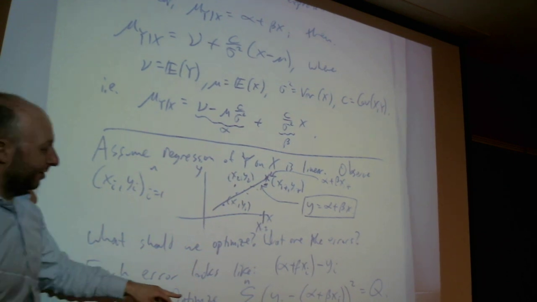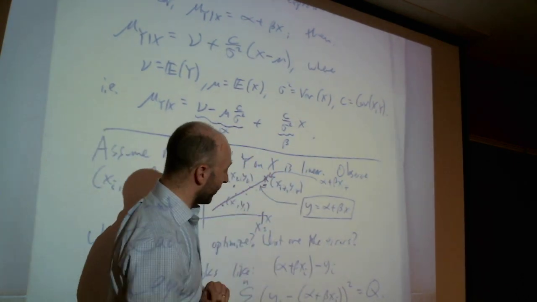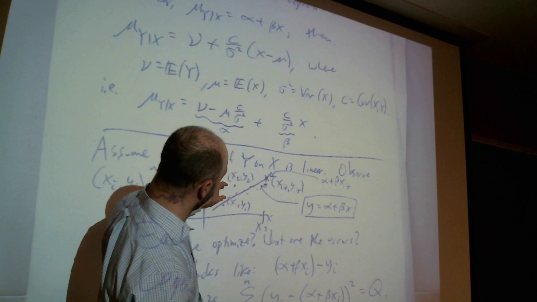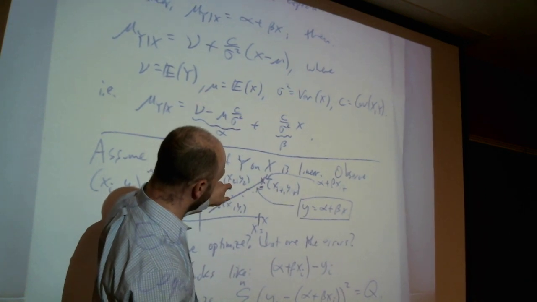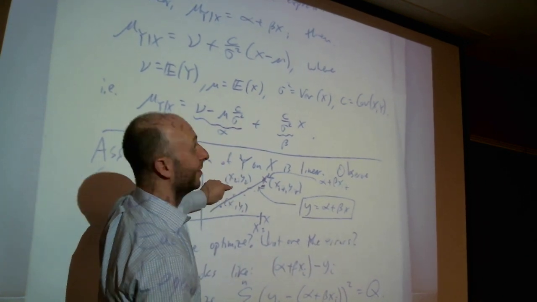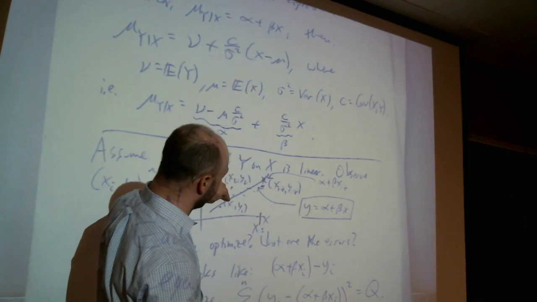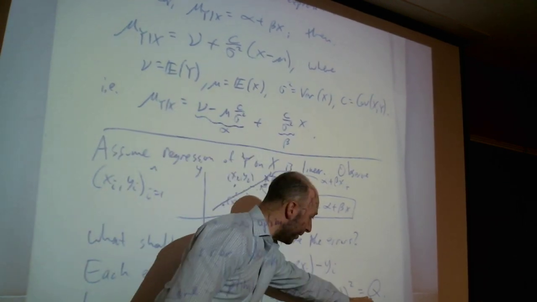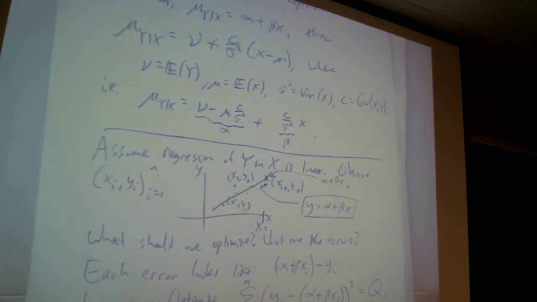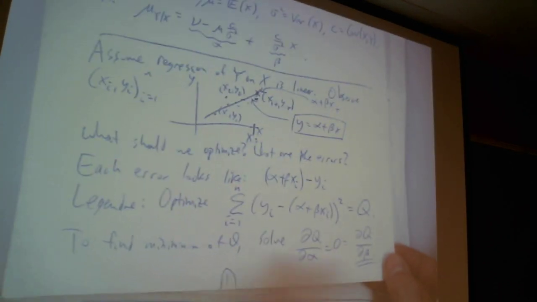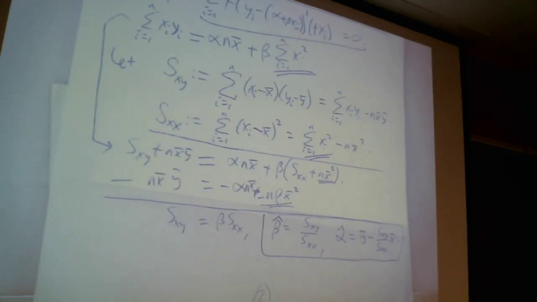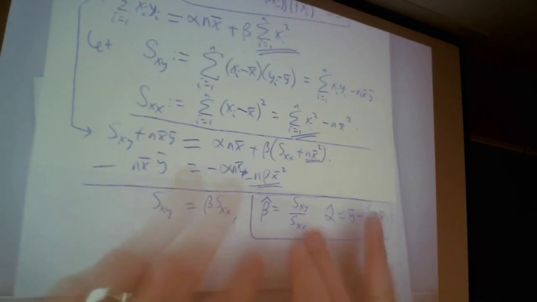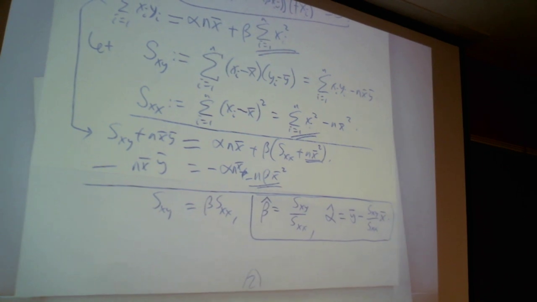Legendre's idea is to minimize the sum of the squares of the errors from where it is to where the line would say it should be. That's this distance. How do we compute that? Calculus. We took partial derivatives with respect to alpha and beta, set them equal to 0, did a little bit of manipulation, and found these optimal values of beta hat and alpha hat. Any questions?